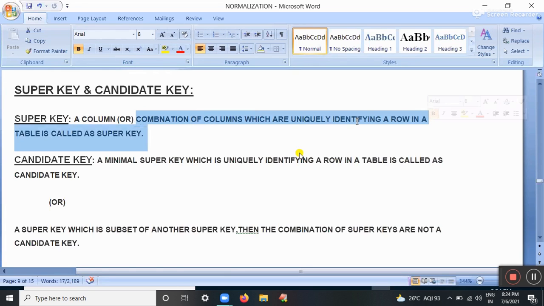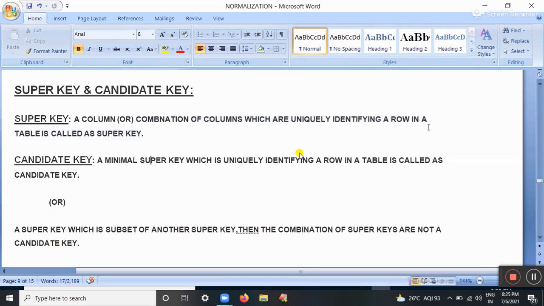A column means either a single column or a combination of columns identifying a row in a unique manner, then it is called a super key.